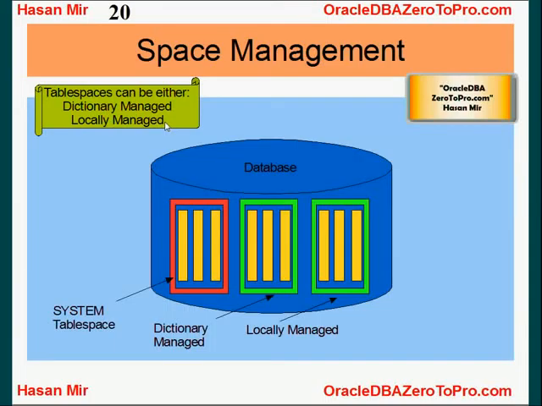The most famous one is usually called user table space, created so that users can create their objects in it. It can be named anything. When a table space is created, of course, data files are also created along with it. Then when you create a table space, you have to decide: is it a dictionary managed table space or a locally managed table space?